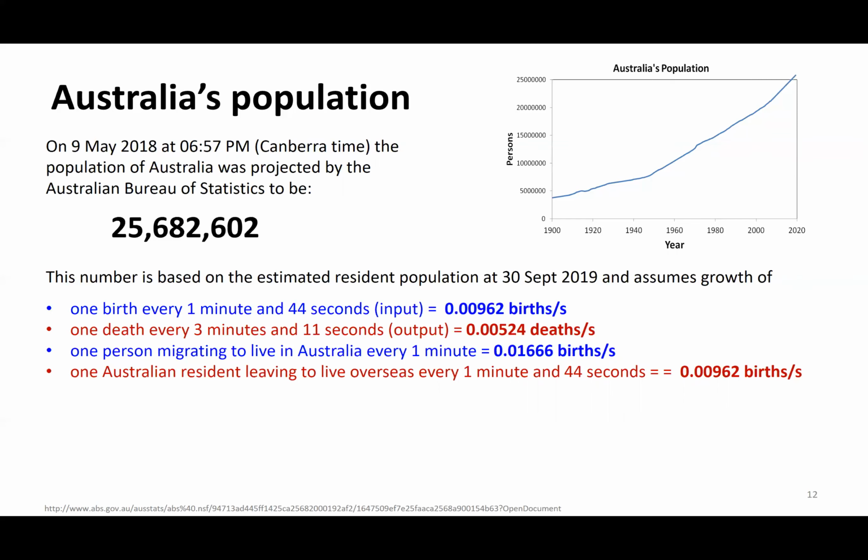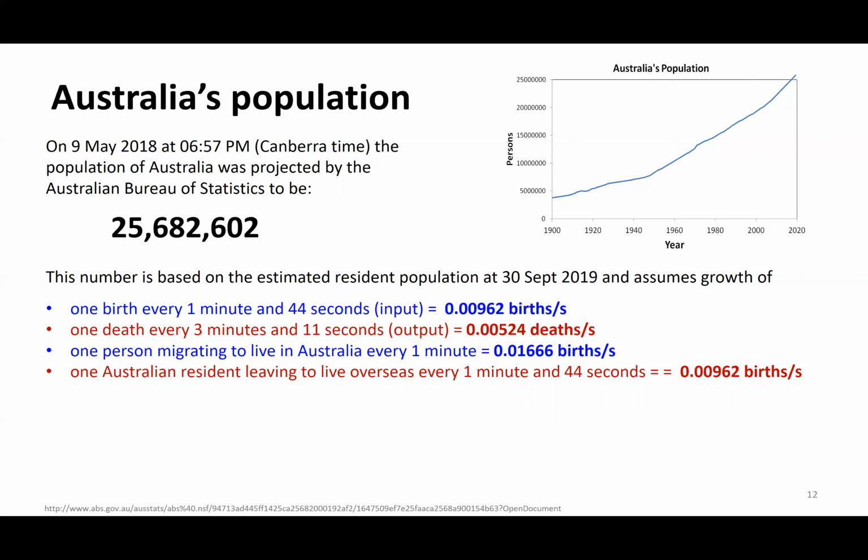That's an input flux into Australia's population. At the same time, we have a death rate, of 1 death every 3 minutes and 11 seconds. If you work that out in terms of a flux, that is 0.00524 deaths per second. So that's an output flux.